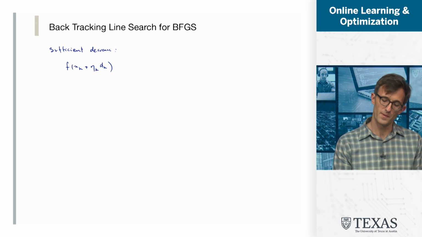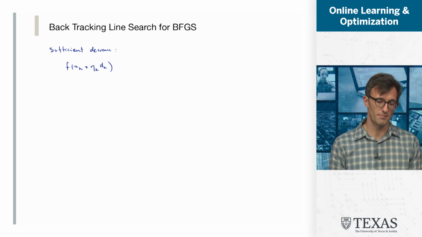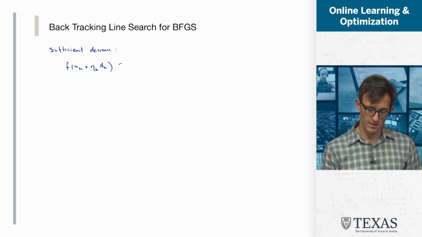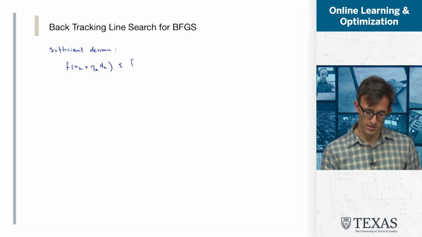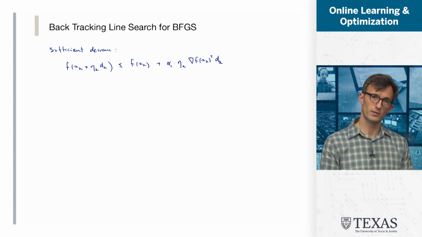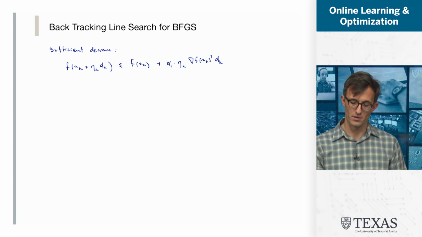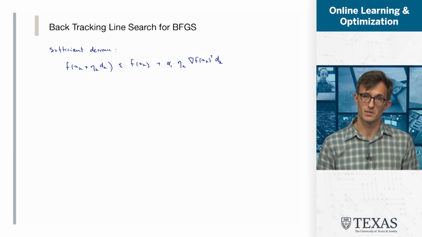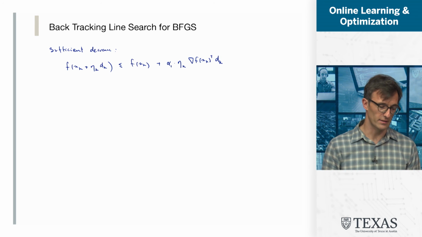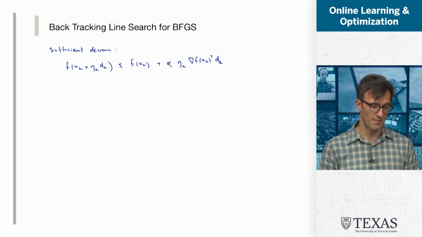Again, don't be confused by the lack of a minus sign. dk has that built in. It should be less than or equal to f of xk plus some constant times eta k gradient of f of xk dk. You may want to look back to our lecture on Newton's method when we introduced backtracking line search and discussed it a little bit more in depth.